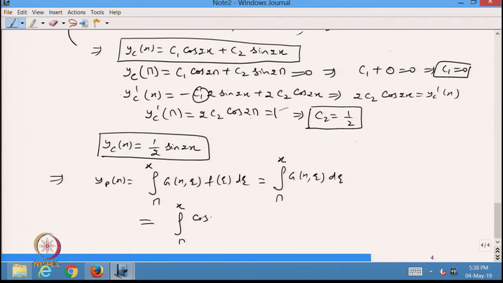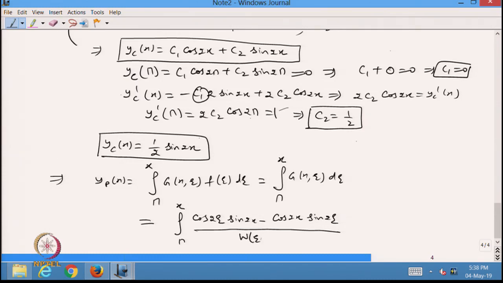cos 2 xi sin 2x minus cos 2x sin 2 xi, divided by the Wronskian.